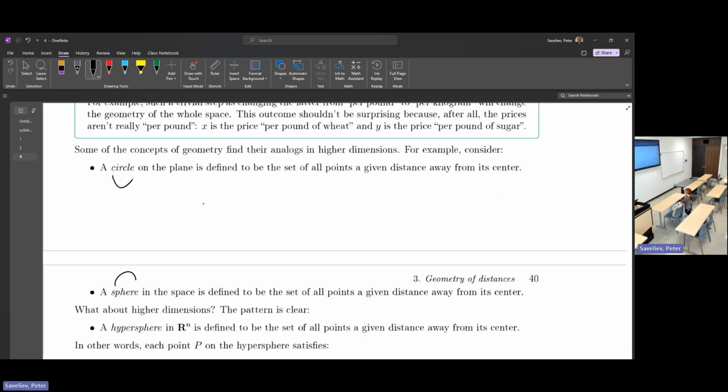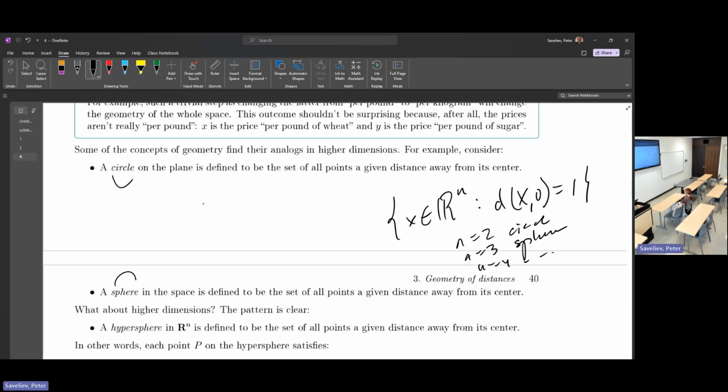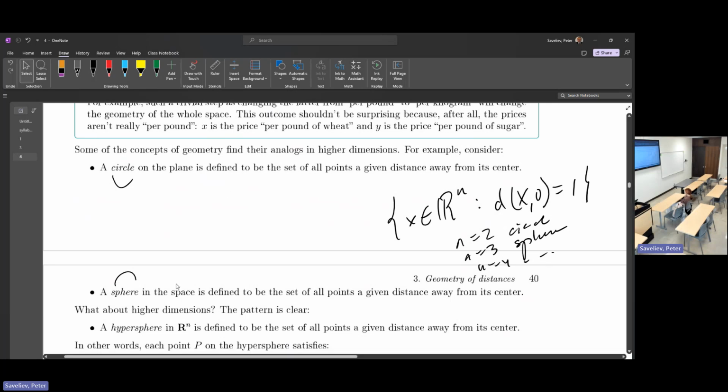So what you write here is x in, say, Rn, and the distance from x to 0 is 1. That's your circle. If n is equal to 2, you have a circle, and n is equal to 3, you have a sphere. And then n is equal to 4. Well, is there a name for it? No, but it is certainly something that you want to contemplate and have as building blocks, whatever you want to do in high dimensions.